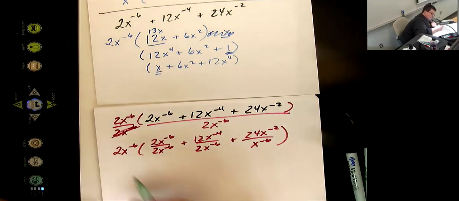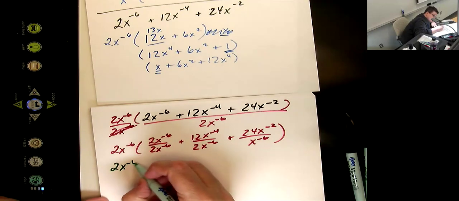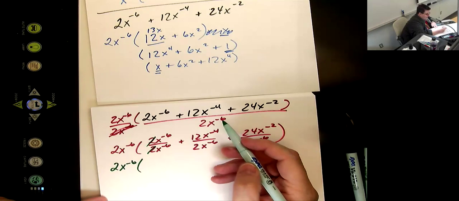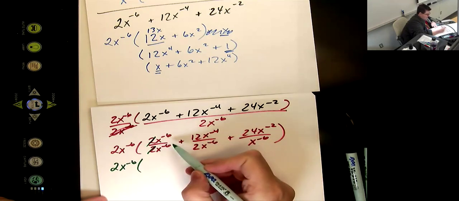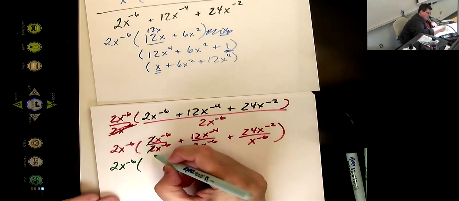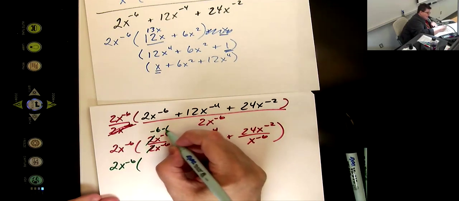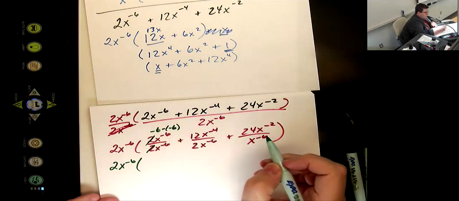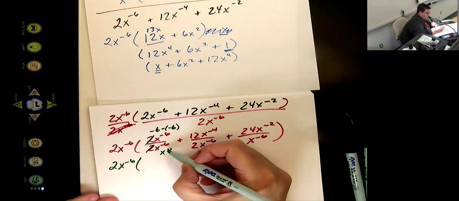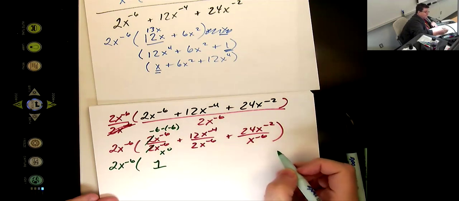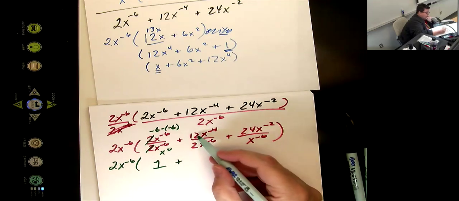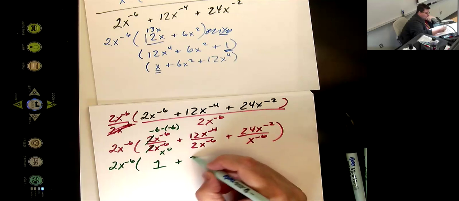All right, so what happens with the first one when we cancel everything out? The 2's cancel. x to the -6 and x to the -6 are the same, or I can do -6 minus -6, which would be x to the 0, which is 1. Here, 12 divided by 2 is 6.